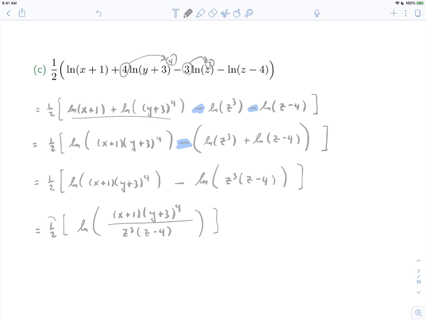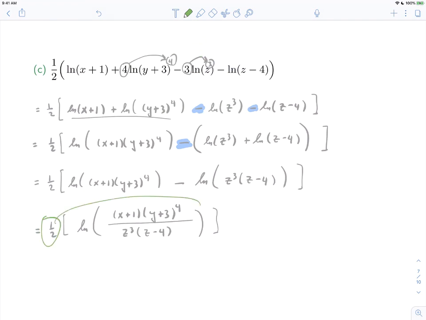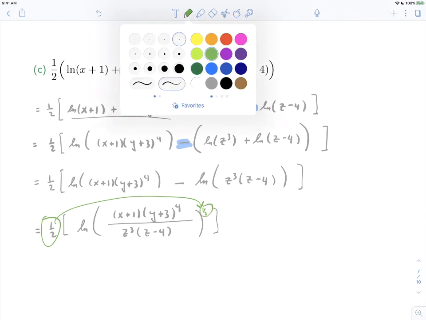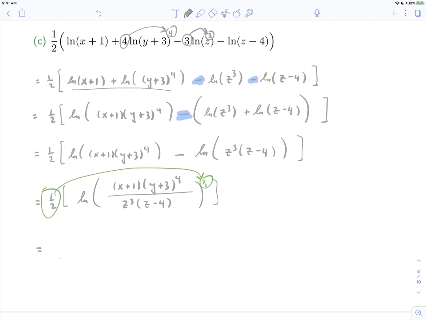And the next thing we do is we take that 1/2 and we put it inside. So we're going to take this 1/2 and we're going to put it right there. So we'll have a 1/2 here, or a square root if you prefer. So this will be equal to ln of (x plus 1)(y plus 3) to the 4 divided by z to the 3 (z minus 4).